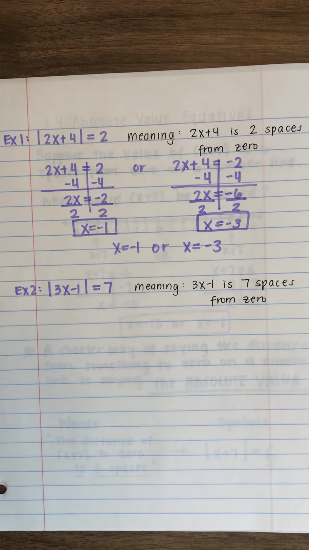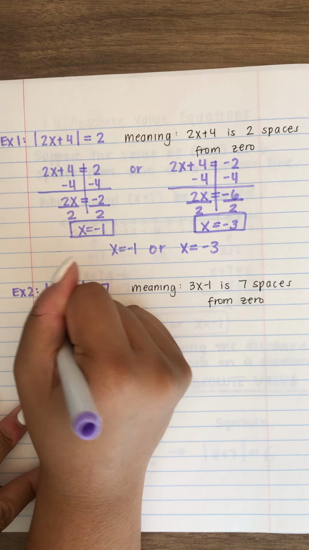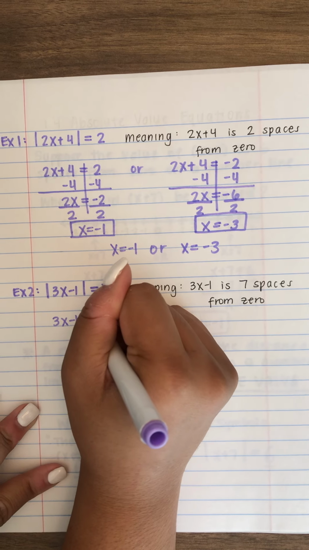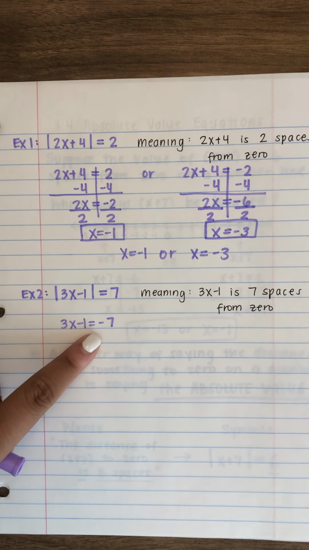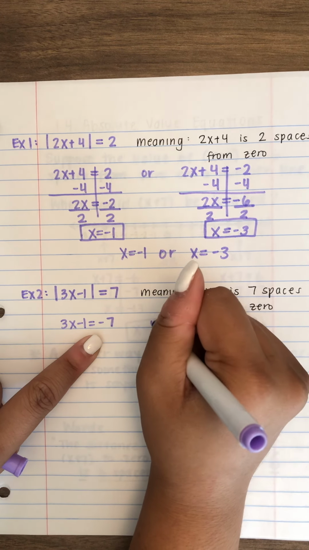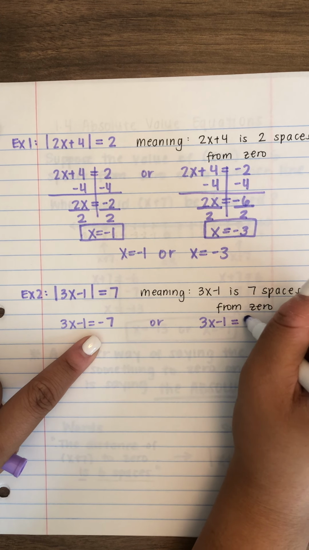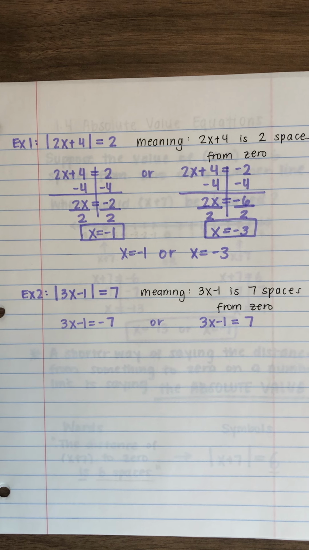So 7 spaces from 0 can either be +7 or -7. So that tells us that 3x minus 1 is at -7 on a number line, so it can live at -7, or 3x minus 1 can also be at 7, because 7 and -7 are both 7 spaces from 0.